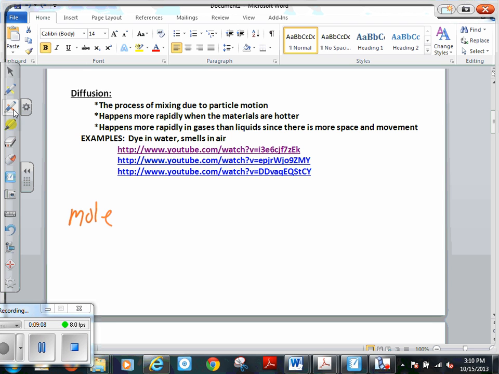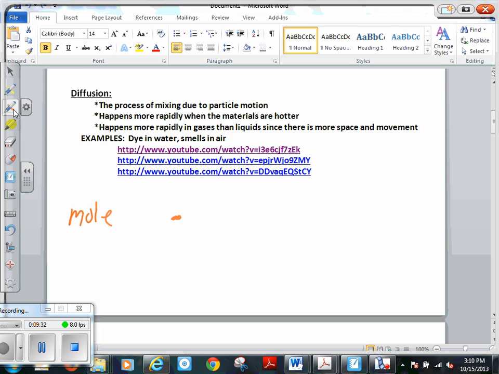So if I had a mole of salt, it might be as big as kind of this little piece right here of salt. That's how many pieces of salt would be. So like on the board, a mole of salt might be a little pile about that big. Actually, that might even be a little bit too big.